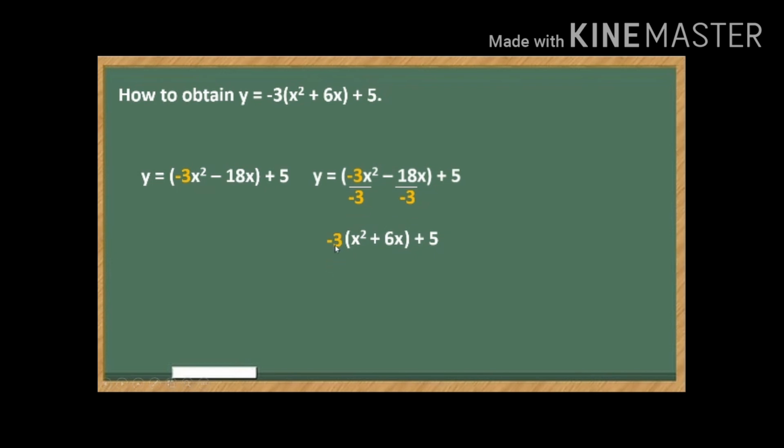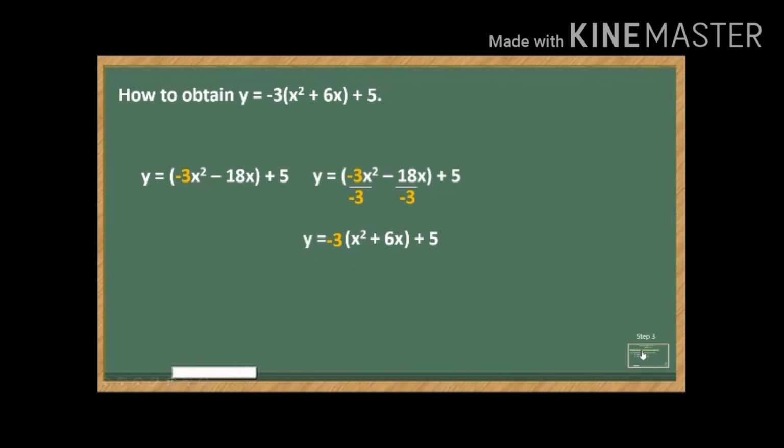So we have already factored out negative 3 from negative 3x squared minus 18x, and of course we copy the rest.